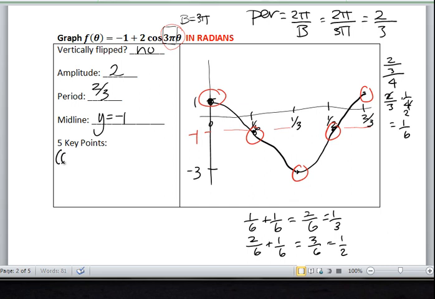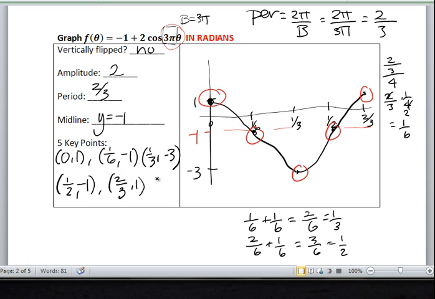So our first point is 0, 1. Our next point is 1/6, -1. Then we're down to 1/3, -3. Back up to the midline, which is 1/2, -1. And then back up to the top, which is 2/3, 1. And those are our 5 key points, and that's our graph.